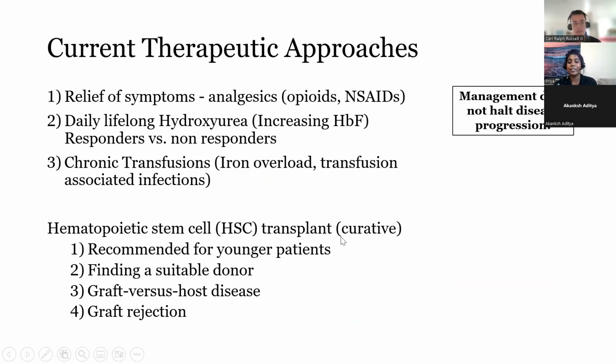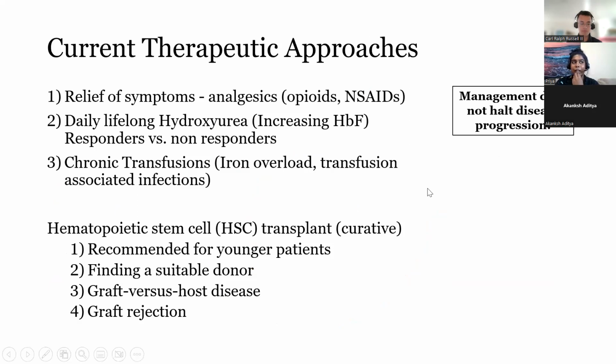Obviously, as I said, sickle cell disease is painful, so there are drugs you can use to relieve pain. Hydroxyurea, as I mentioned, increases fetal hemoglobin expression, but a lot of patients don't respond to hydroxyurea, which is problematic. A lot of patients need to get chronic transfusions because of how severe their anemia is, but then they're often at risk of iron overload and also transfusion-associated infection.